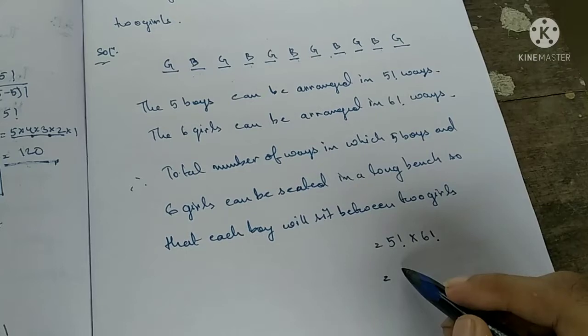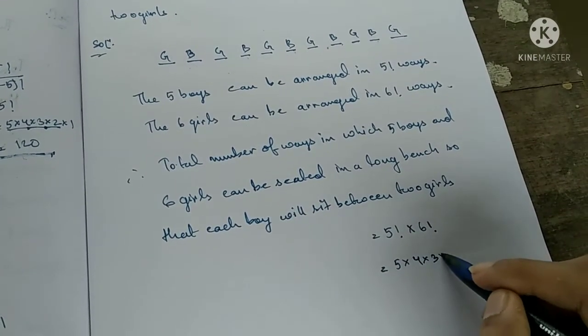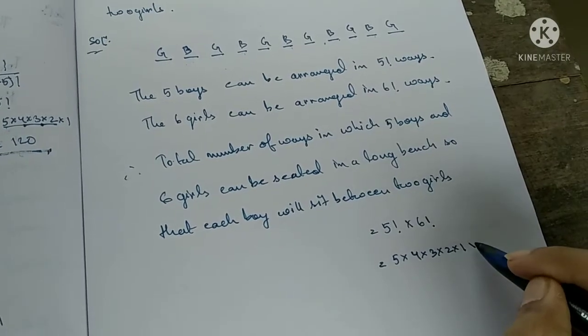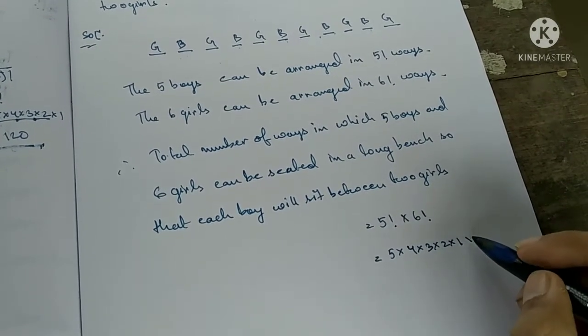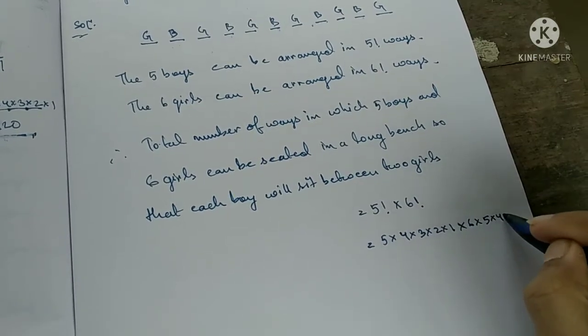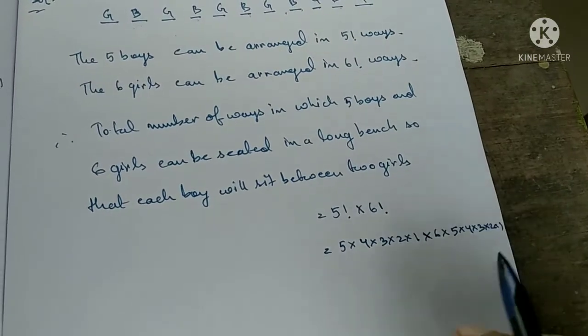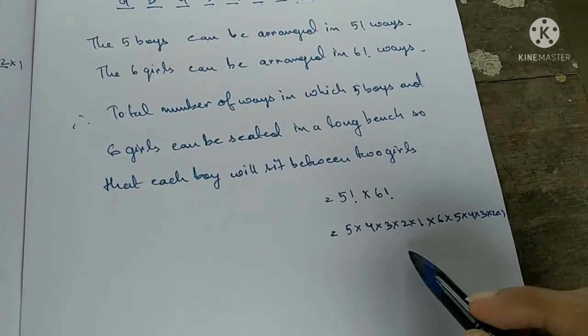Okay, so 5 factorial means 5 into 4 into 3 into 2 into 1, into 6 factorial, 6 into 5 into 4 into 3 into 2 into 1. Finished?